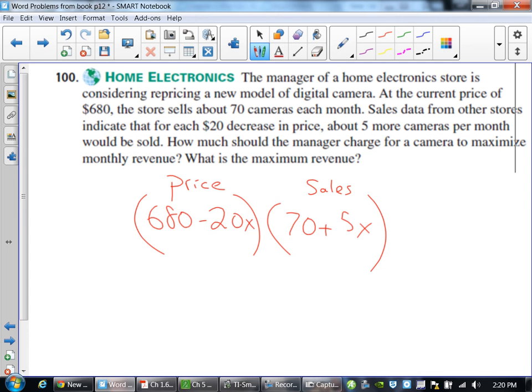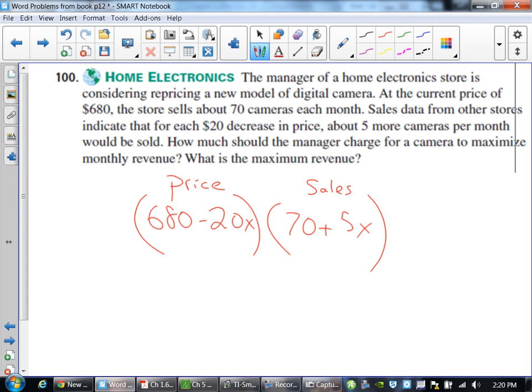Now, why would you use the same variable for minus 20x and plus 5x? Because aren't those different? For every decrease of $20, one decrease creates one $5 increase in sales. 2 decreases creates 2 increases of 5 in sales. 3 decreases creates 3 of those.